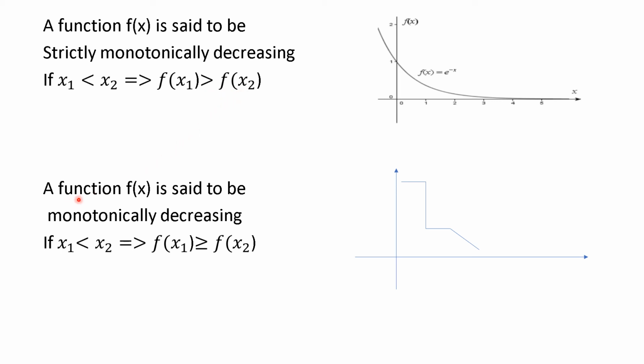Similarly, a function f of x is said to be monotonically decreasing if x2 is strictly bigger than x1, then f of x1 is strictly bigger than f of x2. In strict sense, equality is omitted. That's all. Whether it is monotonically decreasing or strictly monotonically decreasing, these types of functions are called monotonic functions.